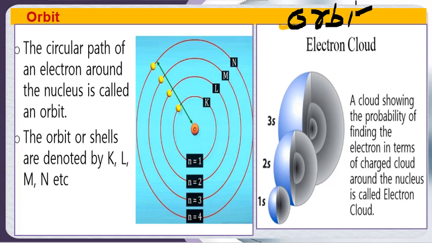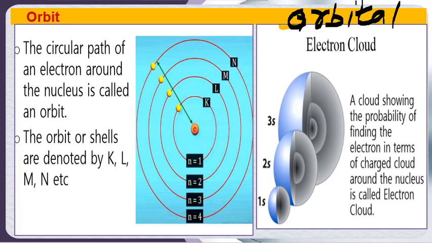The area where the probability of finding an electron is maximum around the nucleus. And the region where it is found maximum, this is called the electronic cloud, which is present around the nucleus. It is called orbital, right?